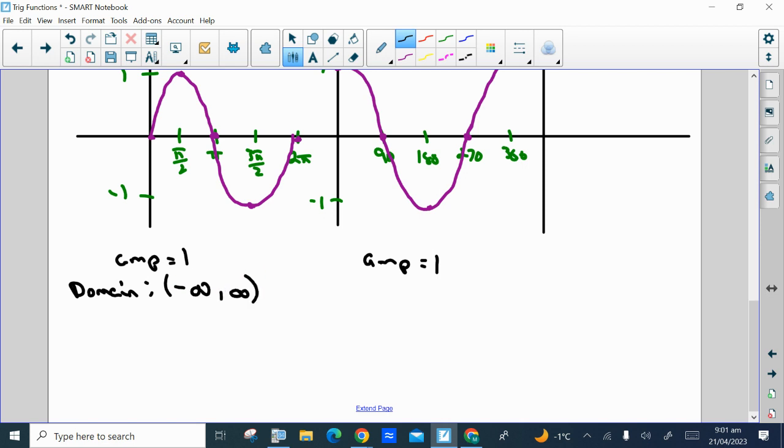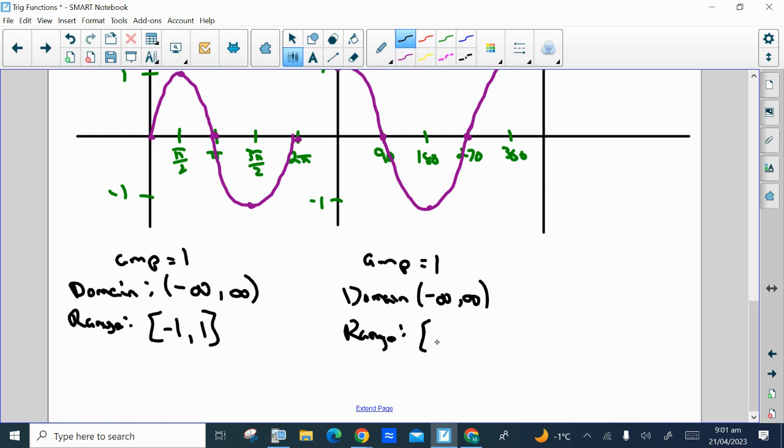There were no restrictions on what you can take the sine or cos of. We just graphed one cycle of the graph, but the pattern continues forever in both directions. The range of these two graphs are the same. They go from -1 to +1, which are both included, hence we use the square brackets.